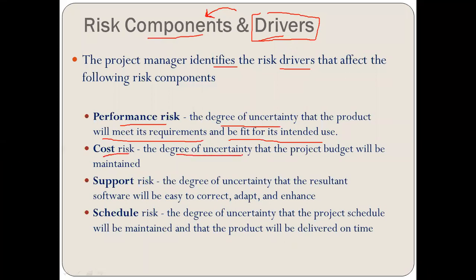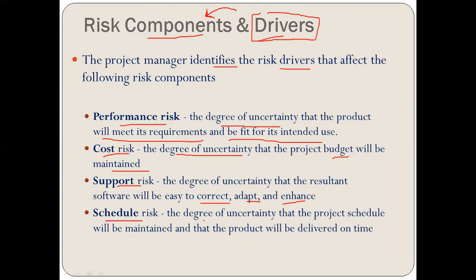Next one is the cost risk. Again, the degree of uncertainty that the project budget will be maintained, that it will be completed within the cost which was planned. Support risk, the degree of uncertainty that the resultant software will be easy to correct, adapt, and enhance. Support risk is related to maintenance, that whether this product that we have developed will be easily corrected, adapted, enhanced, maintained, is flexible or not, right?